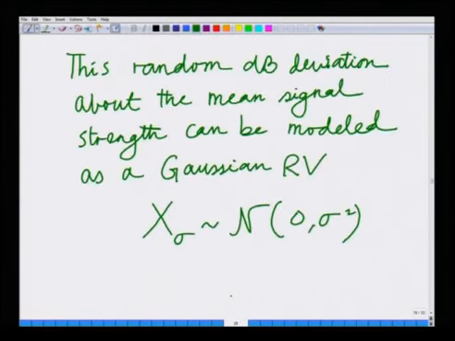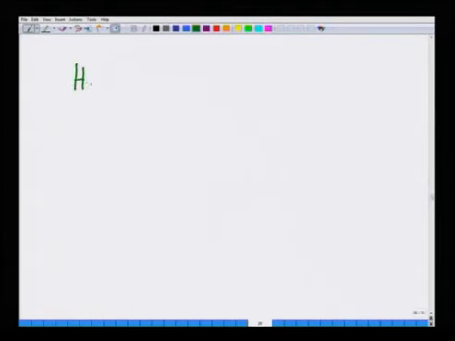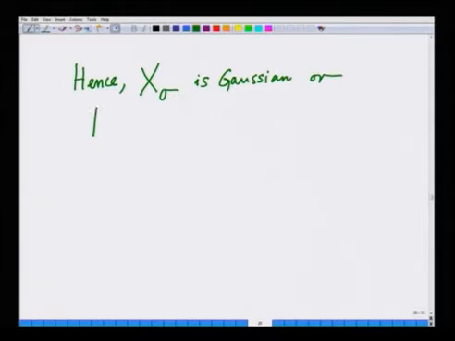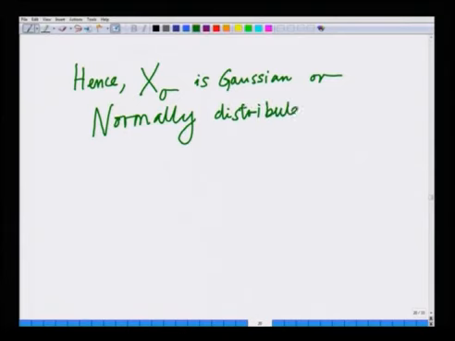Hence, x sigma is Gaussian or normally distributed. And what is x sigma?